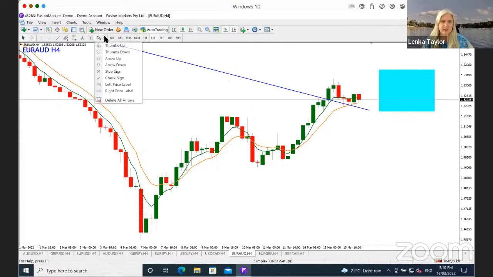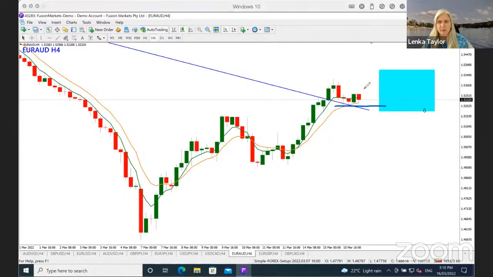I would still be looking for short, but if we have some price action breaking to the upside, then potentially might look at changing direction on this one. Again, if you want to be safe, just wait until you get a good price action for a reversal.